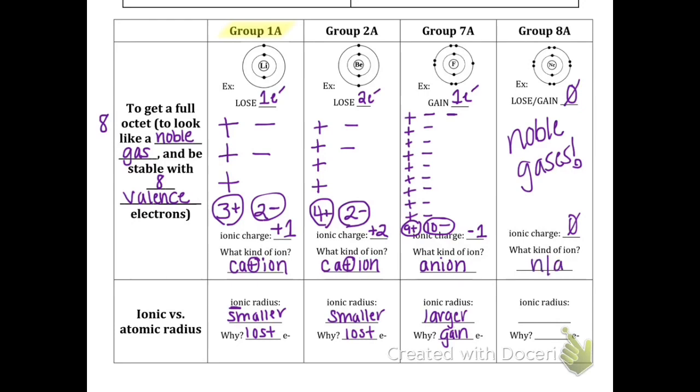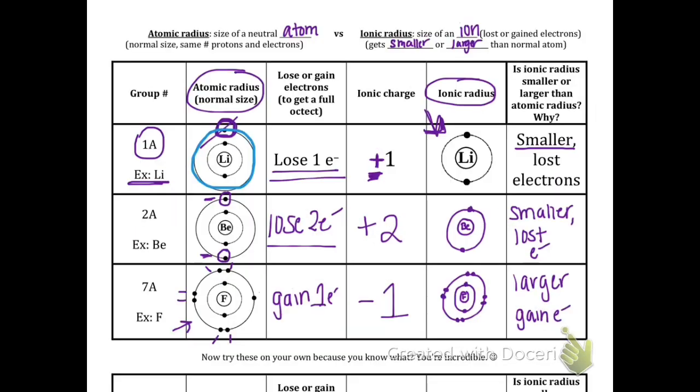None of this applies to them. They don't lose or gain anything because they're already a noble gas. Now, this doesn't only happen with alkali, alkaline earth, and halogens. They can happen with other elements as well. And so this was our example here.